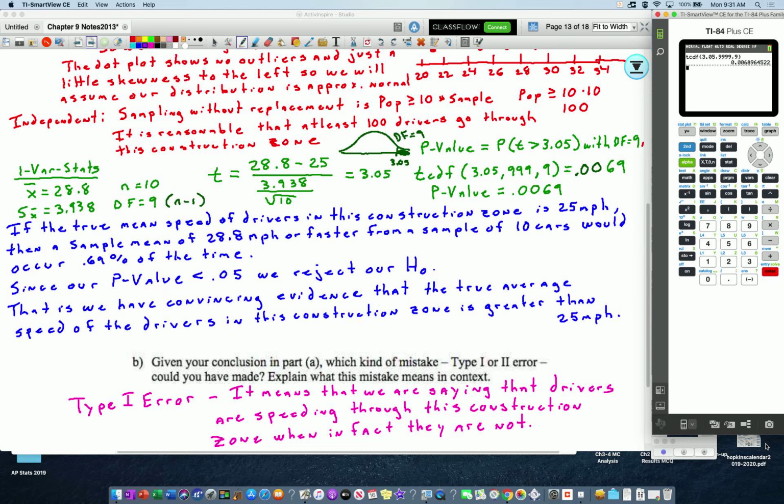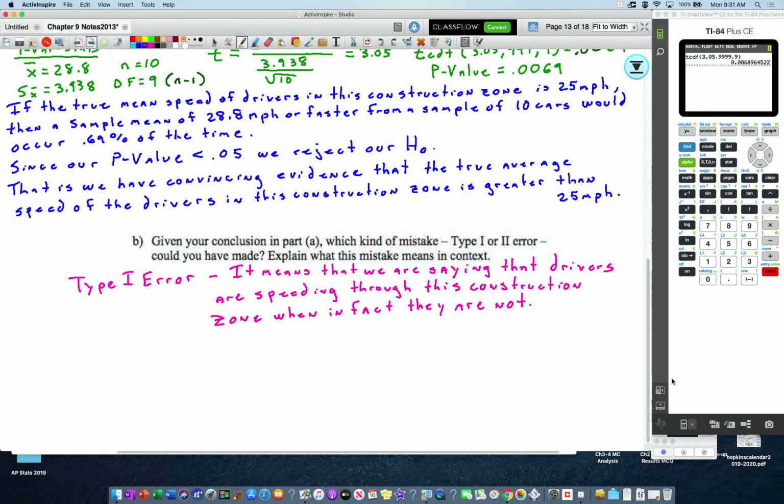That means we're saying they're speeding through this intersection when in fact they're not. That's not good. We might be actually assigning a cop here to patrol an area that probably didn't need patrolling in the first place. A cop is taken away from maybe being somewhere where there's much more need. All right, that takes care of the first problem.